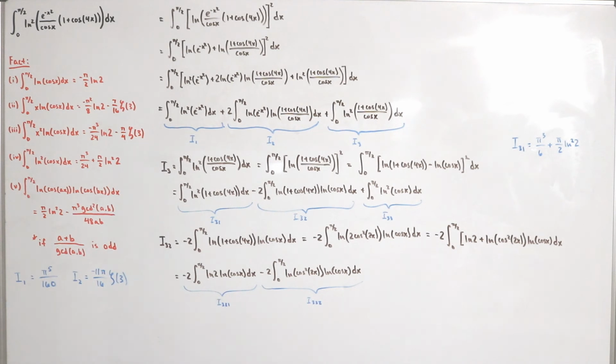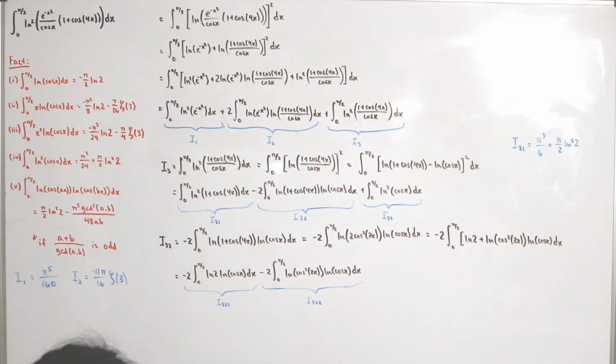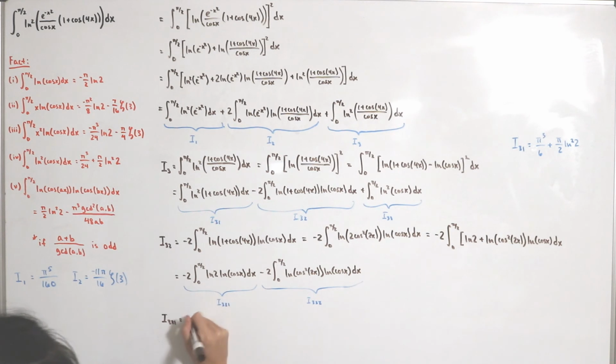I sub 3, 2, 1 is easy to show because not only do we have a constant, but we also have a fact that we can use: the integral of ln of cosine x dx is equal to negative pi over 2 ln of 2. So I sub 3, 2, 1, let me just rewrite the same integral we're given.